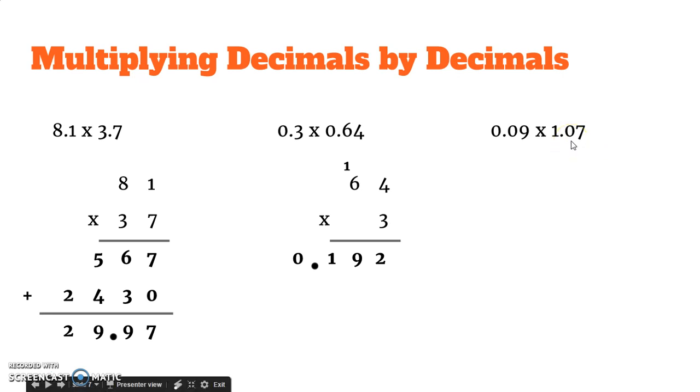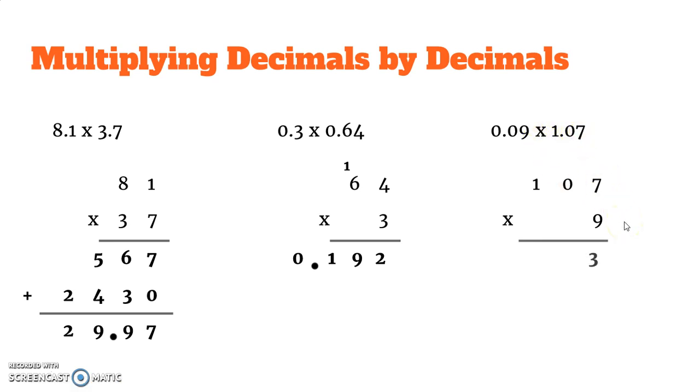Now, the 0 is holding a place, so I can't ignore that 0 because it's holding that place. These two zeros, I don't need, it's not going to affect my multiplication. So when I rewrite my multiplication problem, I'm just going to write it as 107 times 9.